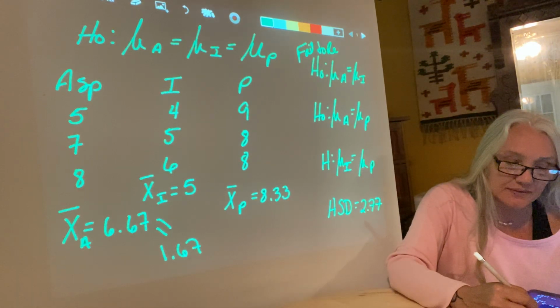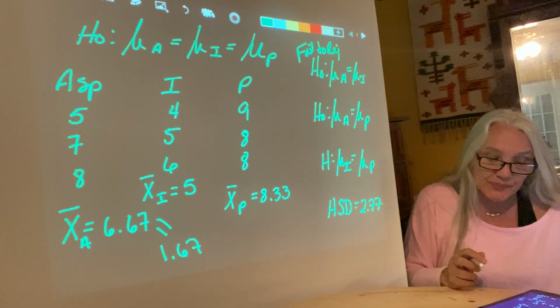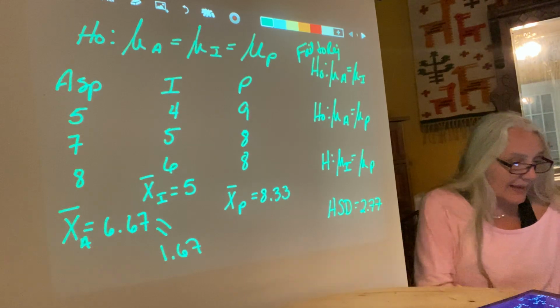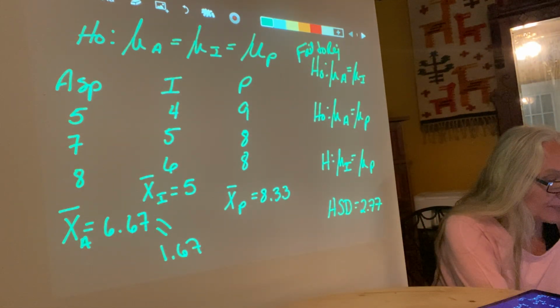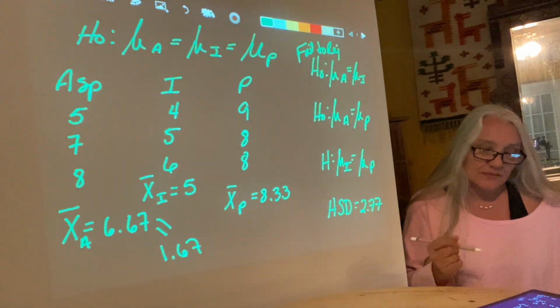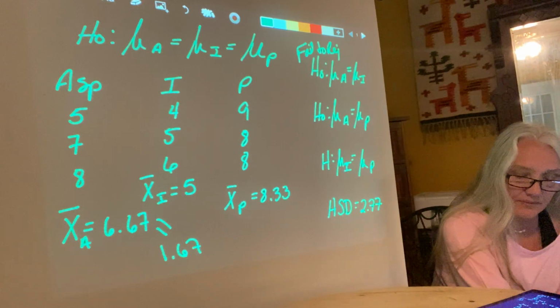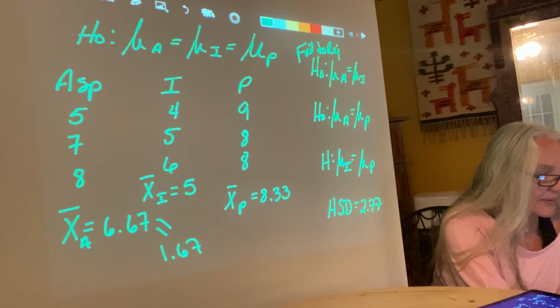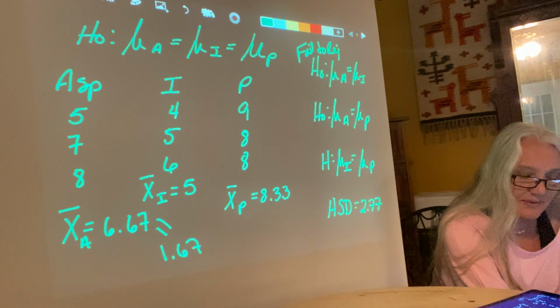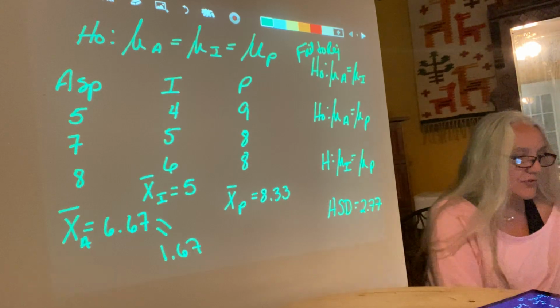Now, let's compare aspirin and the placebo. So I get 8.33 minus 6.67. Hang on. Oh, I know what I'm doing wrong. 8.33 minus 6.67 equals 1.66.